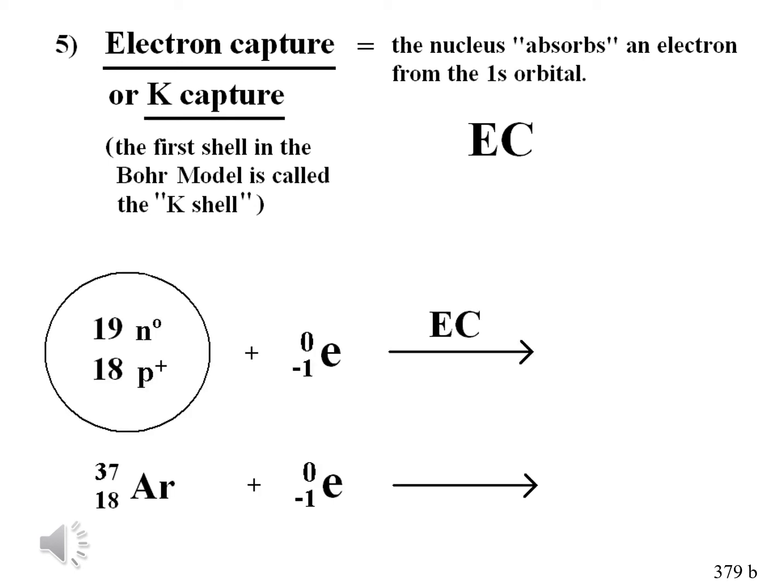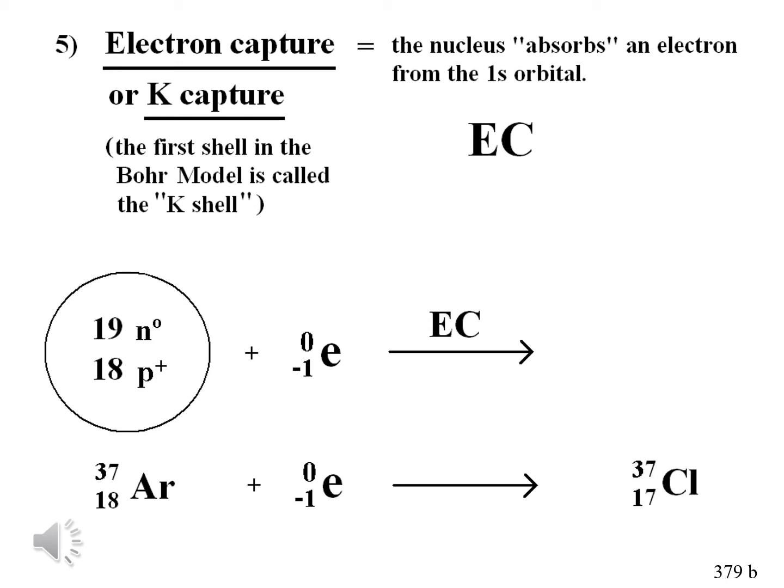When this happens, you write the electron being added to the nucleus, so you write it on the left instead of on the right like you do in beta. And argon-37 is one of the nuclei that does this almost exclusively, electron capture. So I want to see what happens in the nucleus in this case.